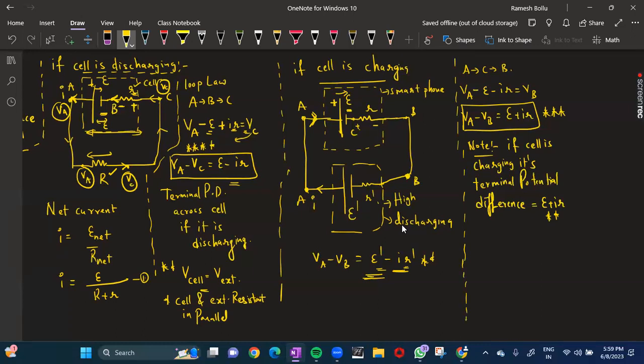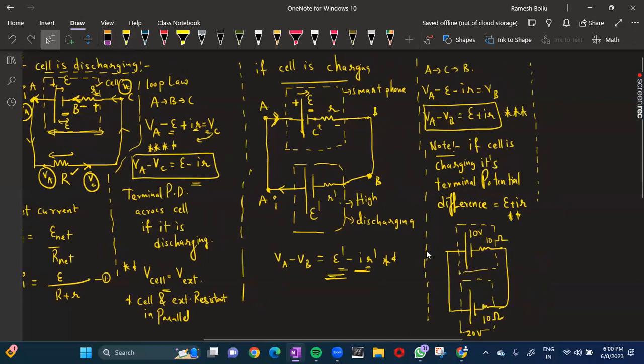Okay, one practice problem I will give. You should do that. My question: find the current in the circuit.